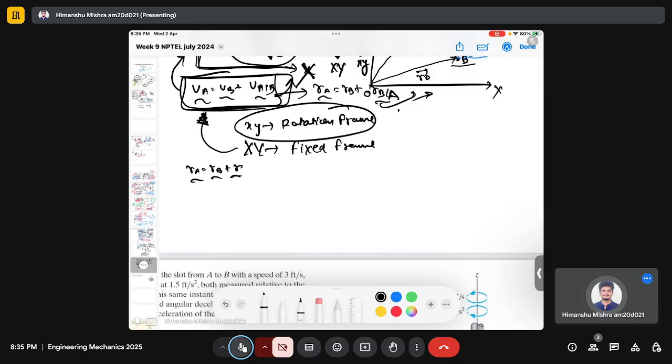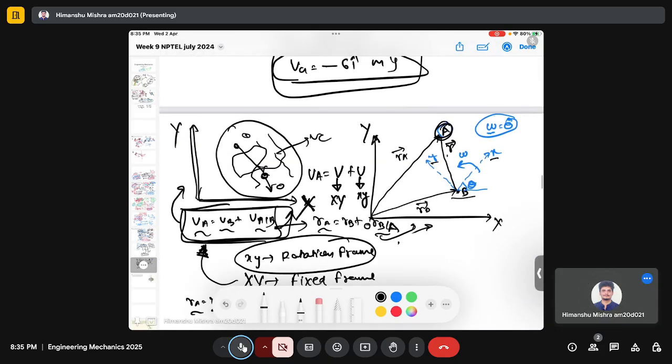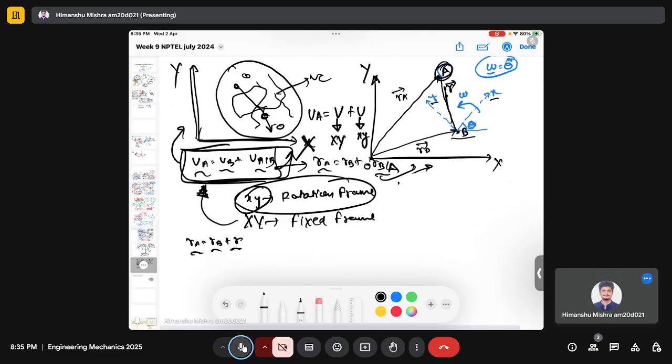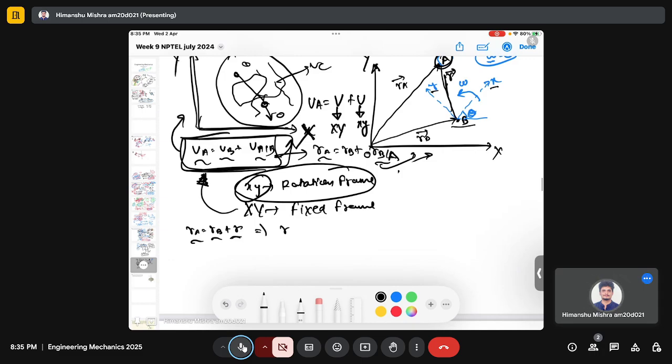And this R is in the rotating frame. You can see here it lies in the rotating frame, which is given by small x and small y. So I can write this as RA equals RB plus xi plus yj.